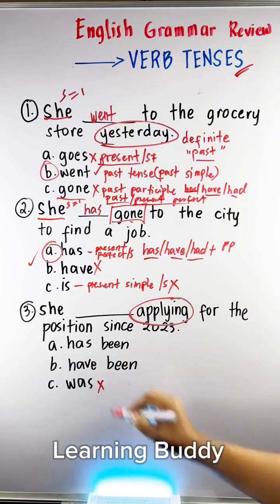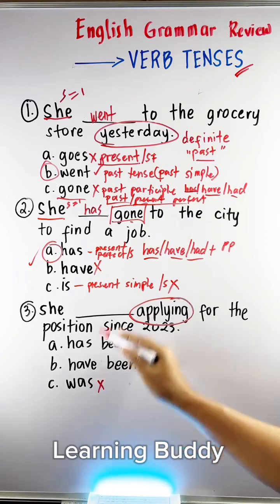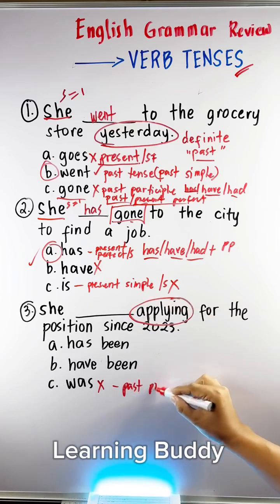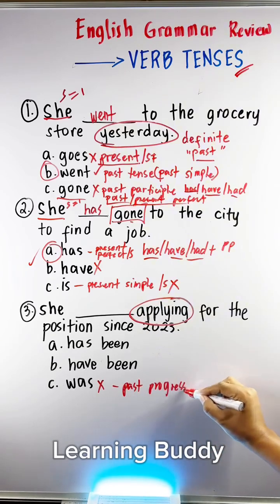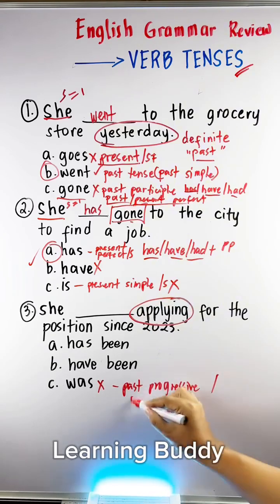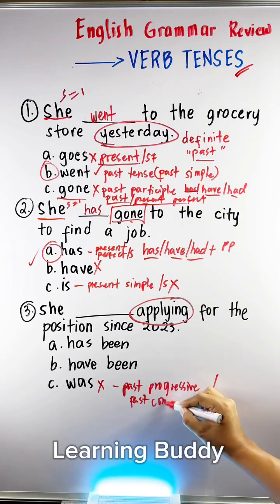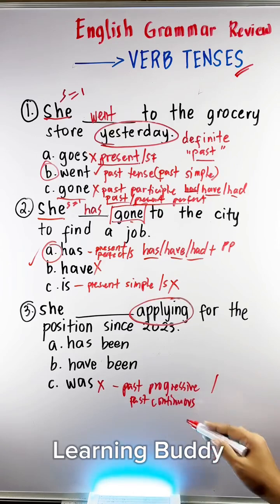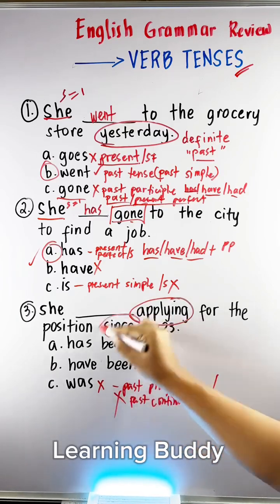But was is not the answer, for there is a word that gives us the clue. The word since states that the action has been started in the past and continues up to the present. And was plus applying is called past progressive tense or past continuous tense. So that is not the answer.